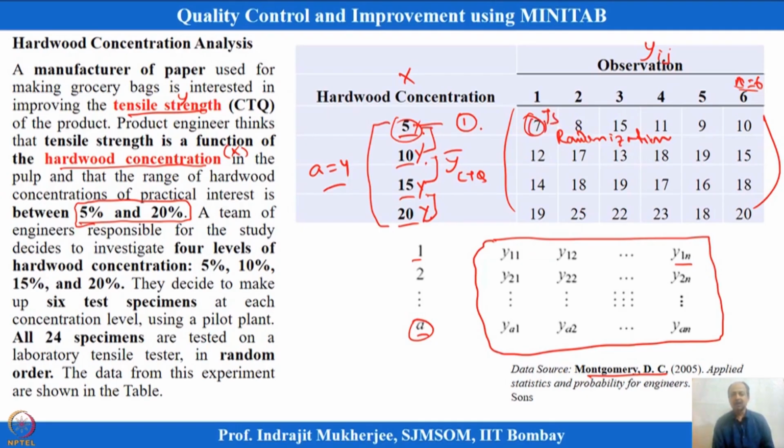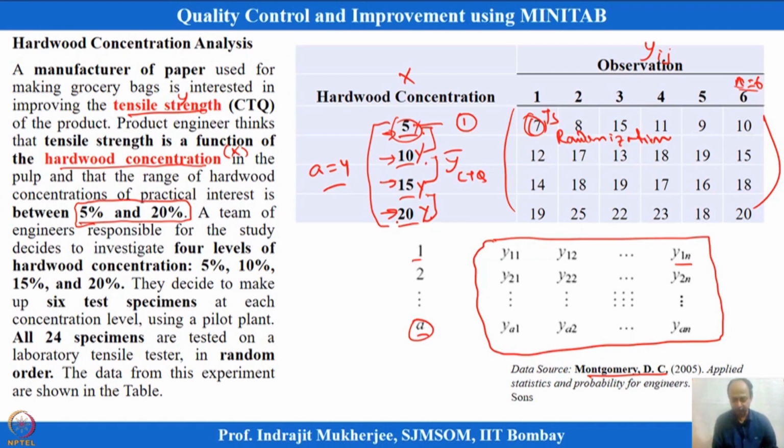Then I will randomize. This data set is generated based on randomization, meaning any of the samples and any of the levels can be selected. This is known as complete randomization. So, we do not fix 5 and then do all the experimental trials and determine all the 6.